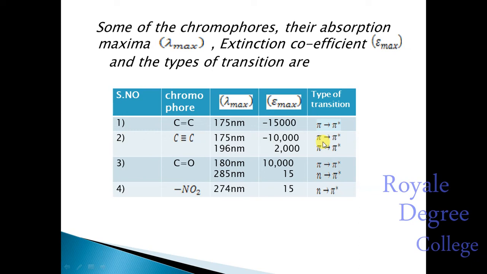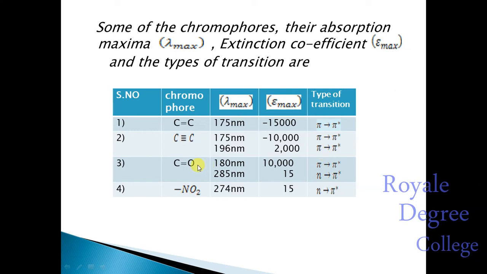Then the type of transition is pi to pi star. The second lambda max value for chromophore C triple bond C is 196 nanometer. Epsilon max value for this is 2000, and the type of transition is pi to pi star transition.